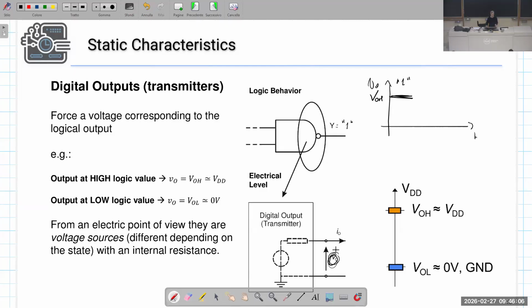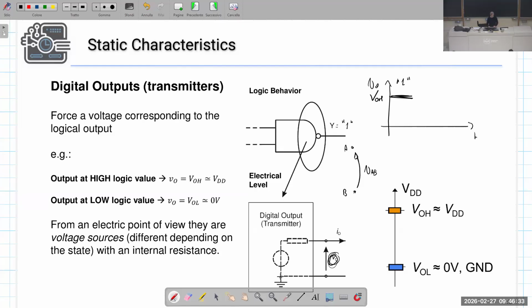When we are dealing with electronic circuits, and in particular with digital electronic circuits, output voltages are, from physics and circuit theory, the difference of electric potential between two nodes, A and B. This is how the voltage is defined.